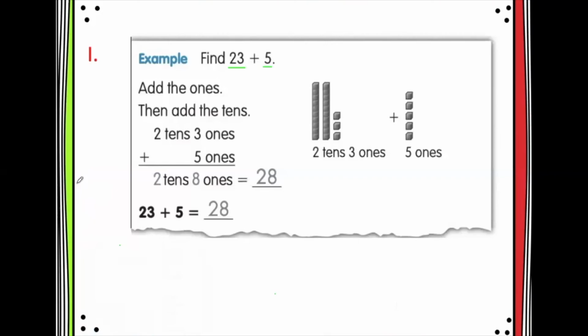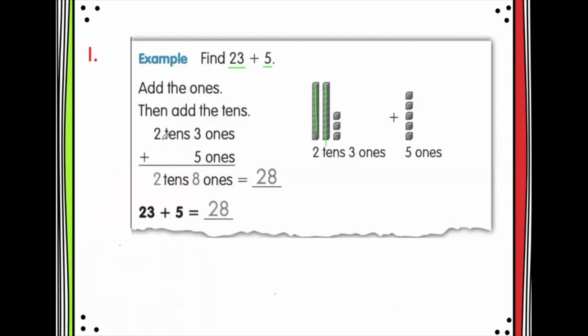All right, friends, now we are going to add 23 plus 5. Now, when we're adding 23 plus 5, we can draw or look at the example that is given to us. In this case, they've already drawn 23 and 5 for us. We have 10, 20, 21, 22, 23, and 1, 2, 3, 4, and 5.